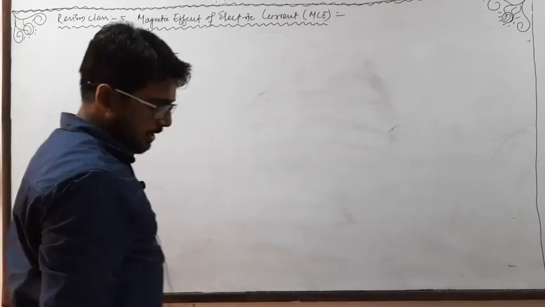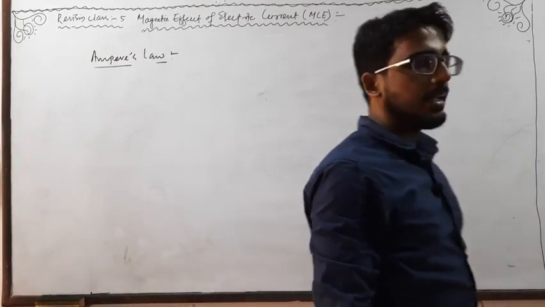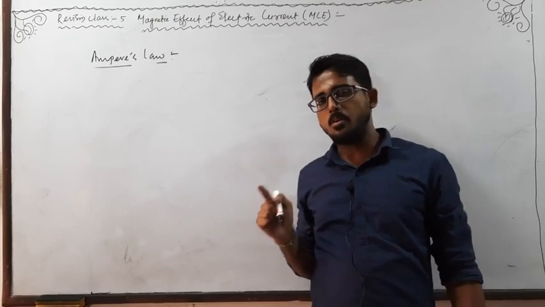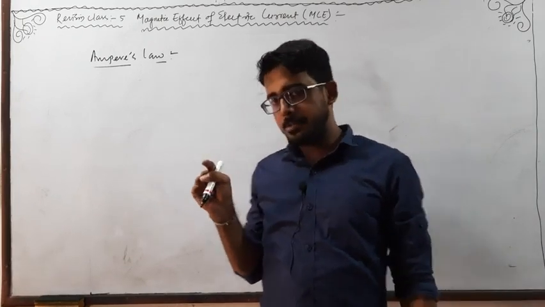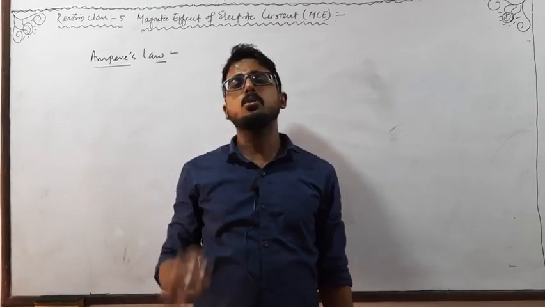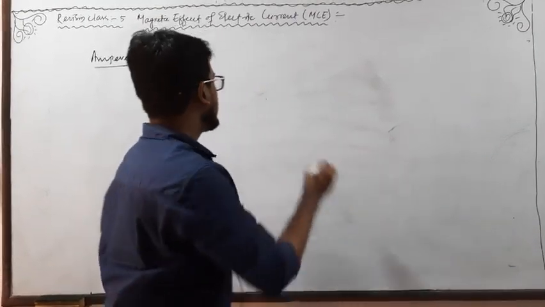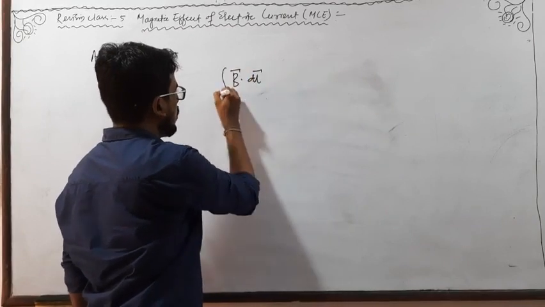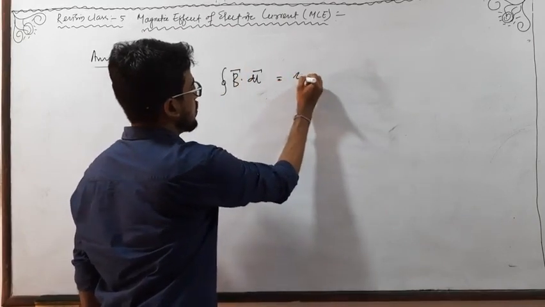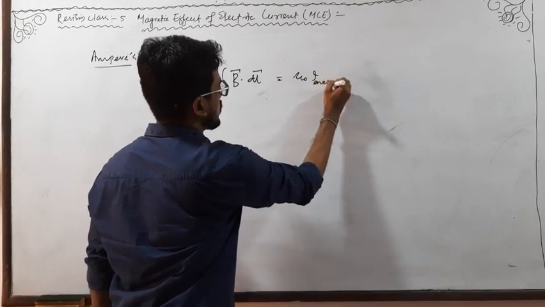Ampere's law states that the line integral of the magnetic field strength over a closed loop will be mu naught times the total current enclosed by that loop. That means the closed line integral of B dot dl is equal to mu naught I enclosed.